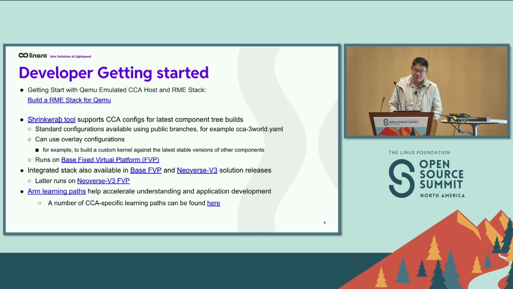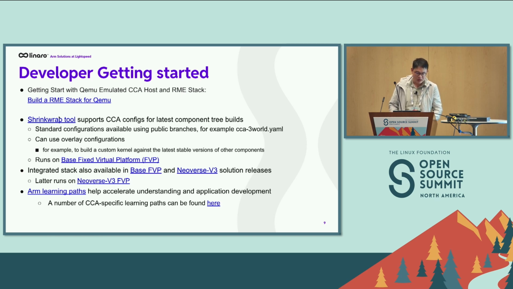Now, developer getting started. We know we don't have any hardware support for Arm CCA currently. So if you want to do something, we offer generally two methods for a reproducible environment. The first one is proposed by Linaro.